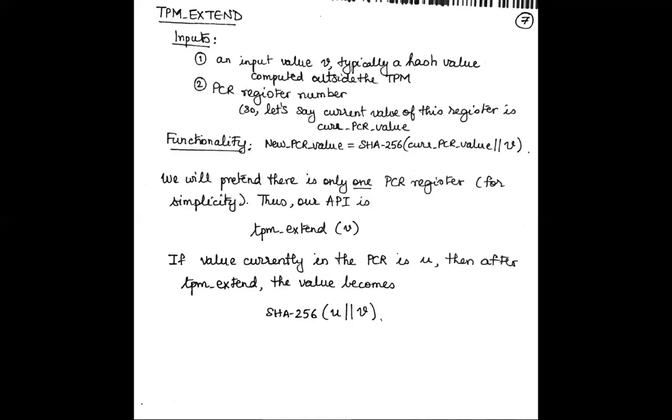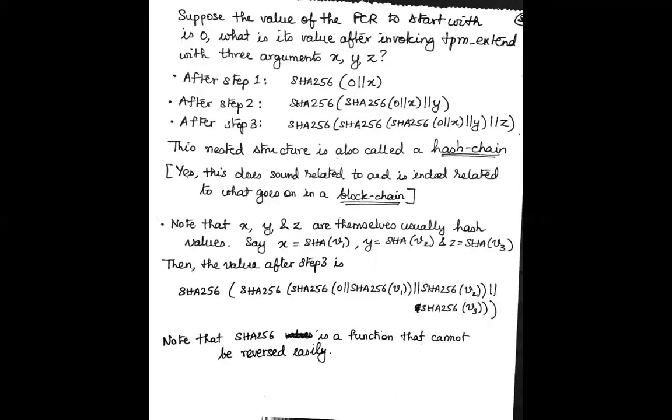All right, let's examine this in more detail. Let's say that the value of the PCR register to start with is 0. What's the value stored in the register after invoking TPM extend 3 times, first with argument X, second with argument Y, and third with argument Z?